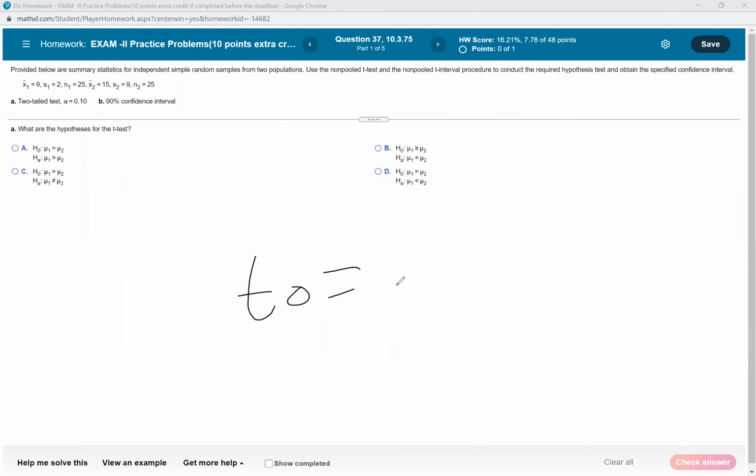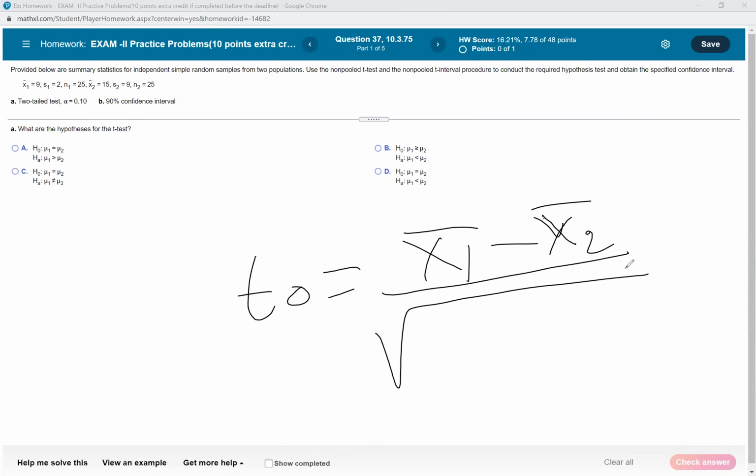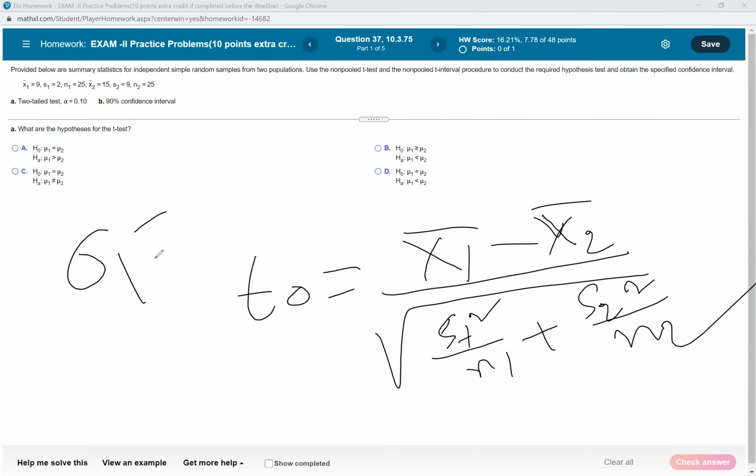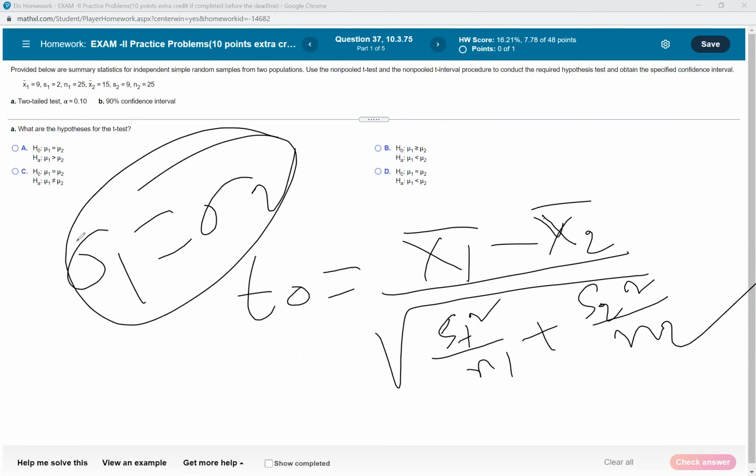For the non-pooled t-test, it will be x1 bar minus x2 bar divided by the square root of s1 squared over n1 plus s2 squared over n2. Since s1 and s2 are not equal, or you can say mu1 and mu2 are not equal, we cannot use the pooled t-test in this case.